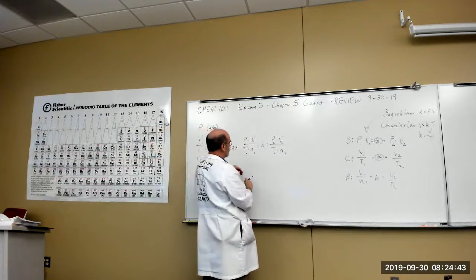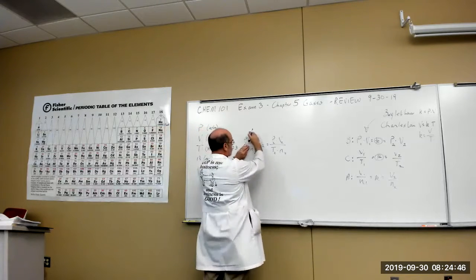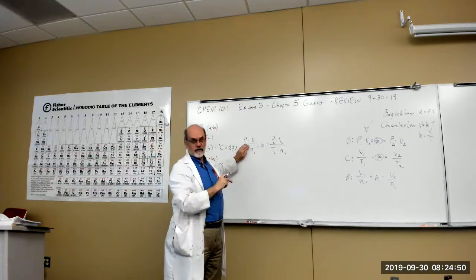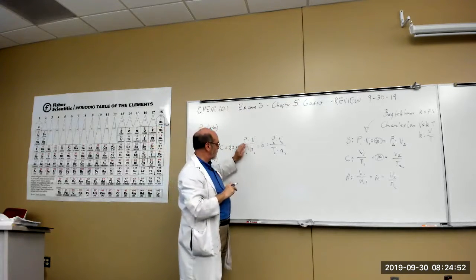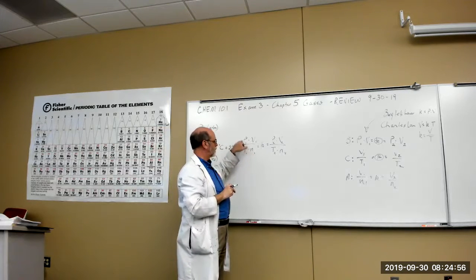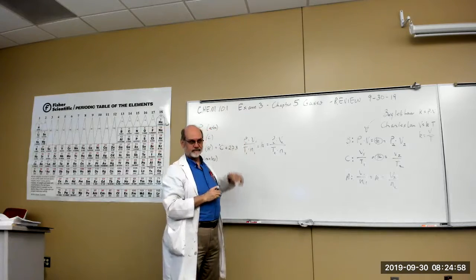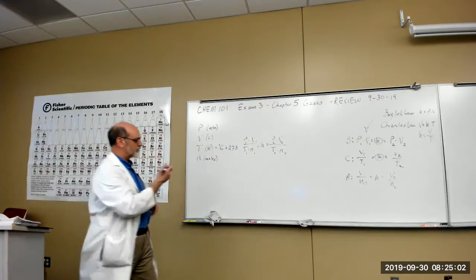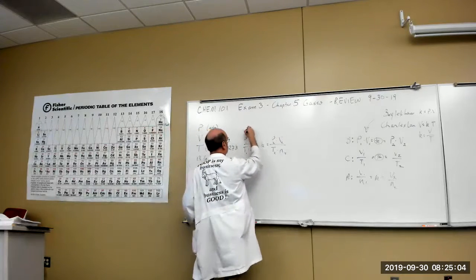If you hold temperature and volume constant, you get pressure and moles, a direct relationship. So if you hold temperature and volume constant, but you increase the number of moles, you'll get an increase in pressure. So this is the combined gas law.